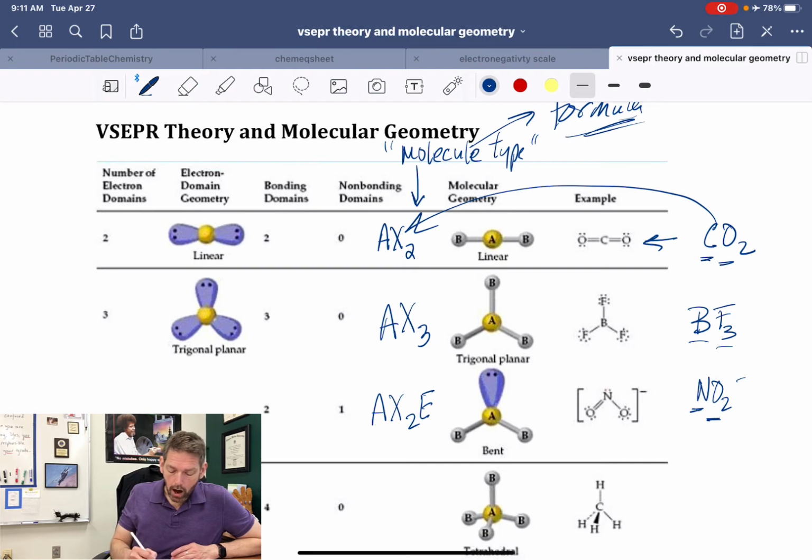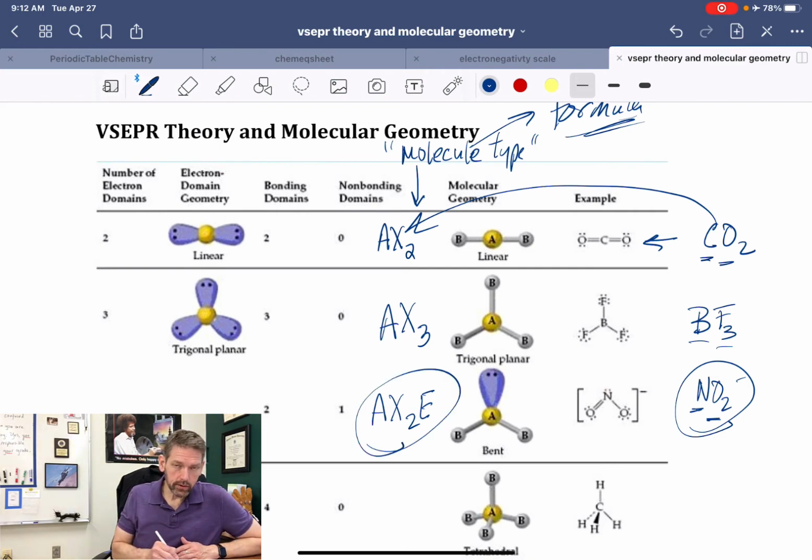Now, a formula never has the lone pairs in it. That's never there. It's implied here that you understand that it's there. You just have to be aware of that.